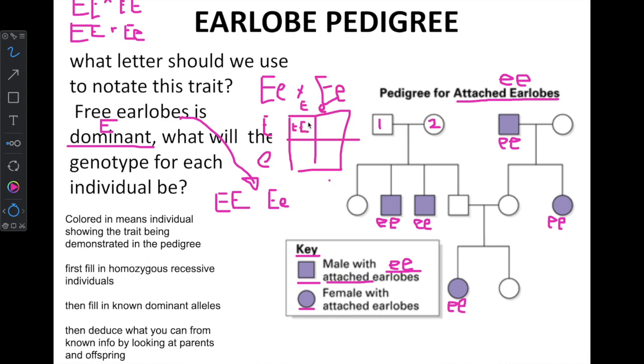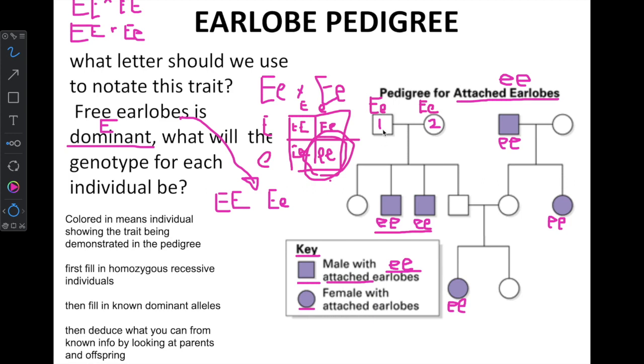Then we have one child homozygous dominant, one child heterozygous, another child heterozygous, and finally, we do have the chance that a child could be recessive. Those are the only genotypes that could possibly create recessive children, so those have to be the genotypes of 1 and 2. They have recessive children, so they both must be heterozygous.